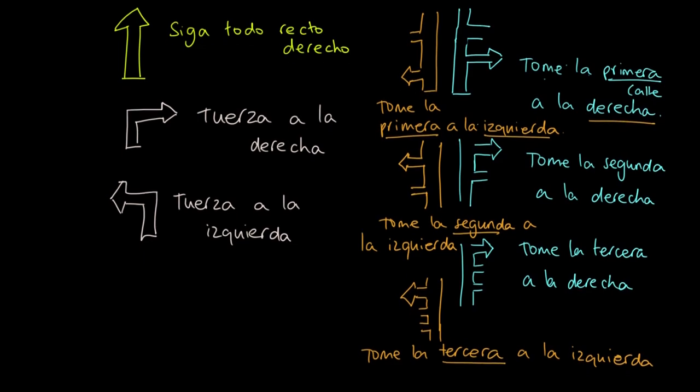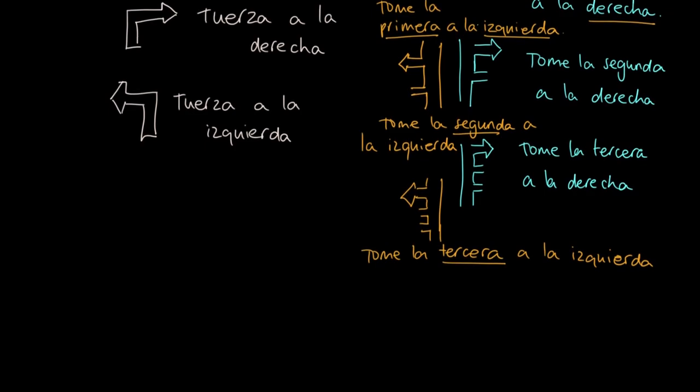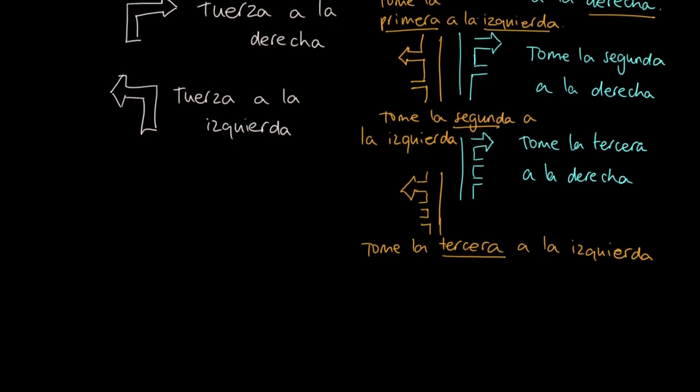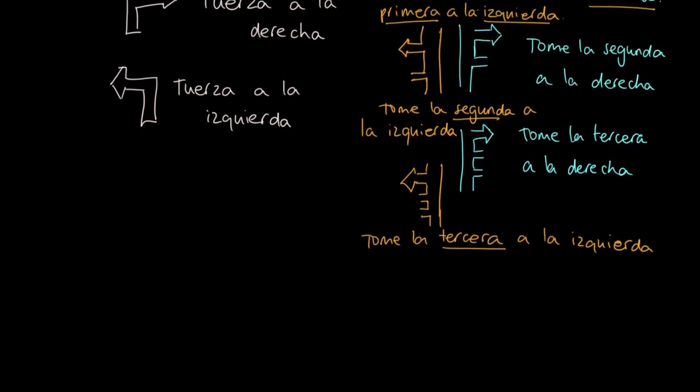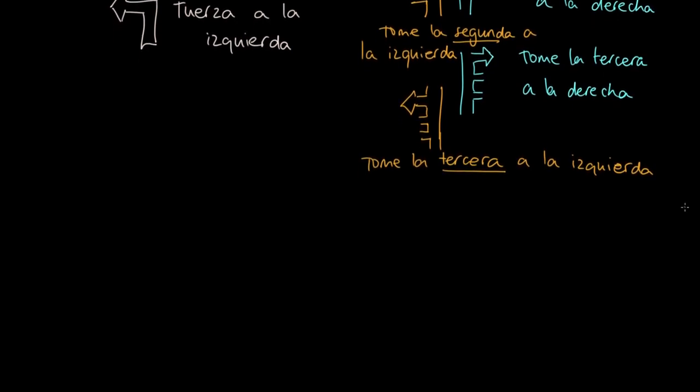Now, what other things can I say when I'm giving instructions other than siga todo recto, tuerza a la derecha, tuerza a la izquierda, tome la primera? Sometimes we use reference points. We use things to tell people go up to there, when you get there, turn right, turn left. Okay, so what are these reference points?